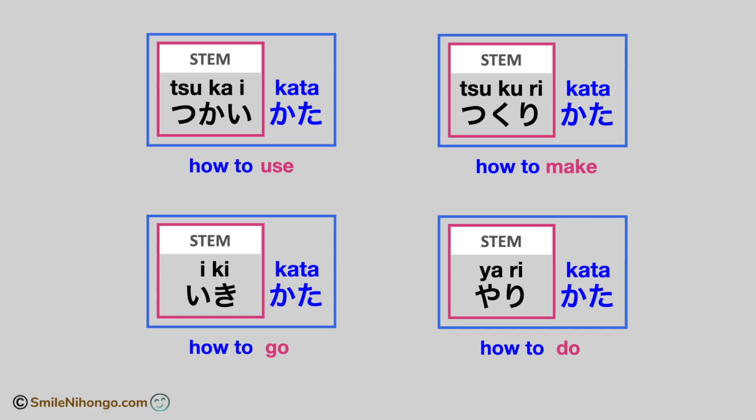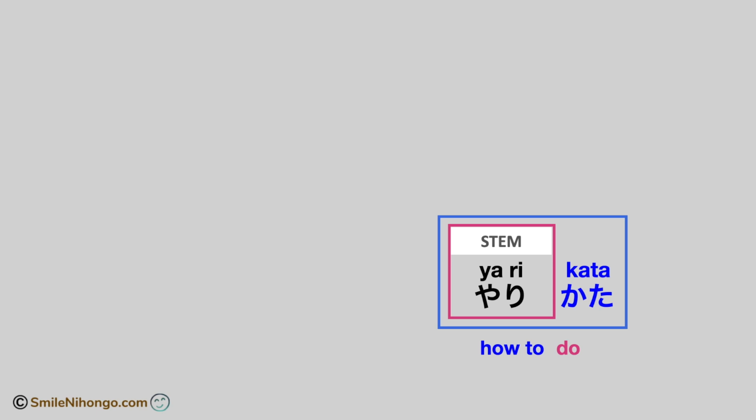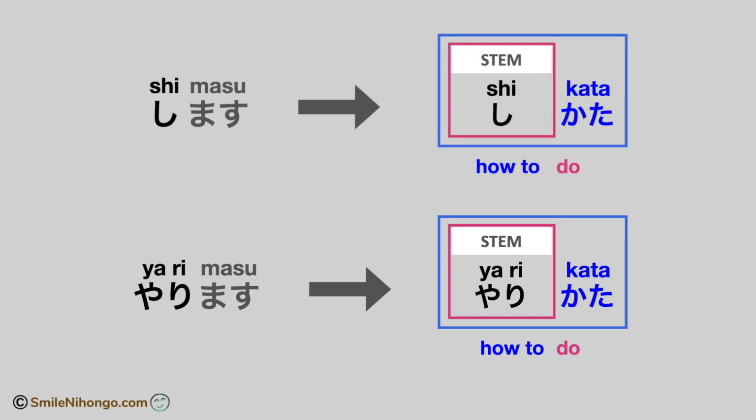I have one comment about this one. やり方。This came from the verb やります which means to do or to perform. But you can also use this verb します as a base and then say 仕方。仕方 to say how to do.